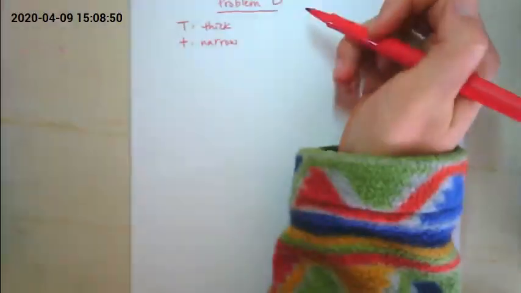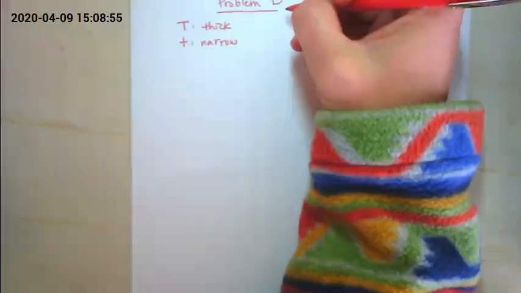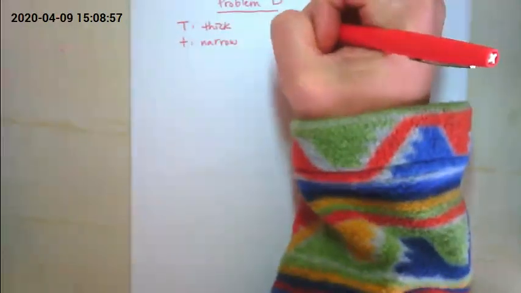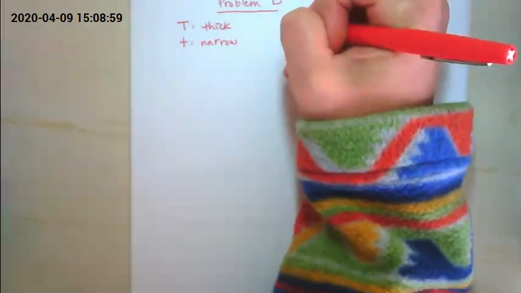And then we have separated is dominant to joined. Separated means you have two eyebrows, joined means you have a unibrow. I'm going to use A's because S's are not great.